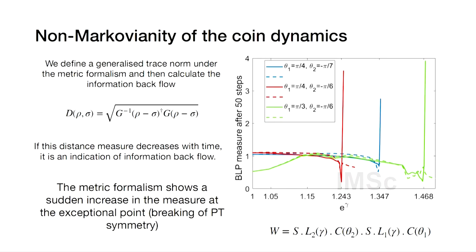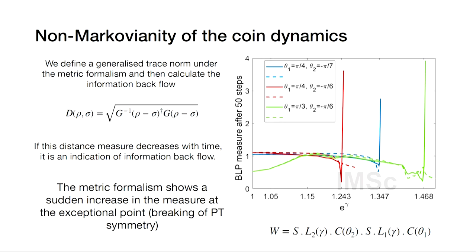Non-Markovianity in this case is defined by some measure of information backflow, right? The dotted lines are when we are not introducing the metric, defining it just by dividing by the trace, the old method. And the metric method is the solid line.